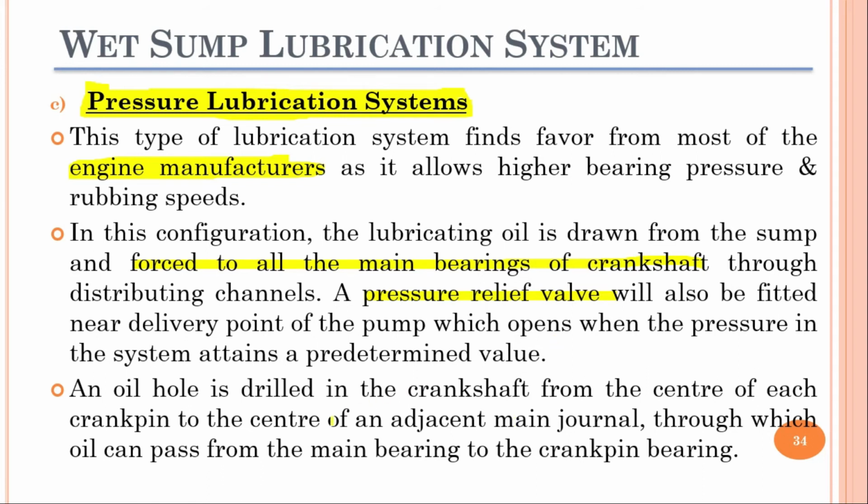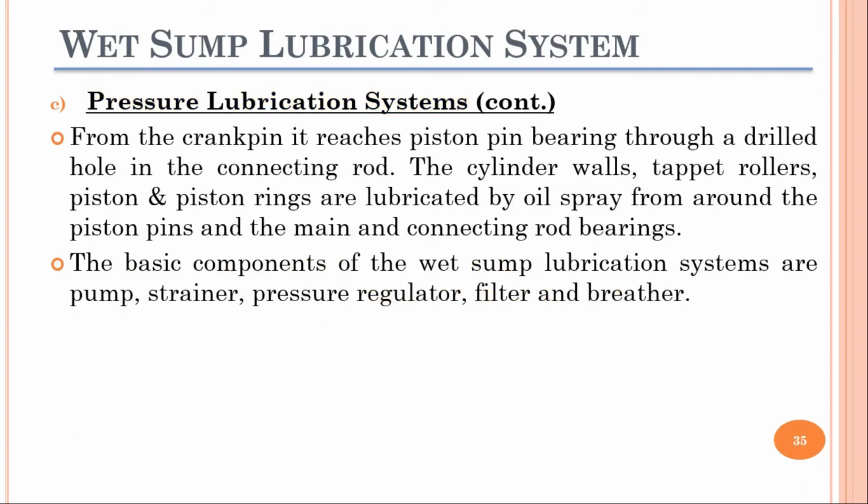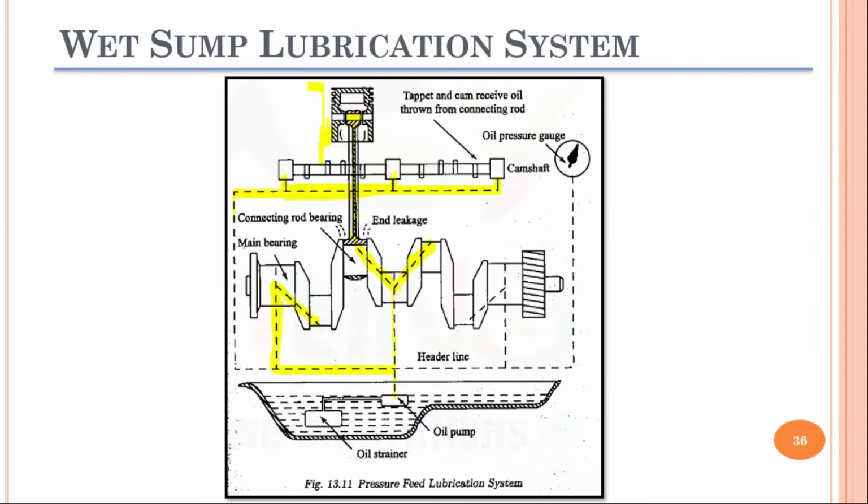An oil hole is drilled in the crankshaft from the center of each crank pin to a center of the adjacent main journal, through which the oil can pass from main bearing to the crank pin bearing, as I have shown you earlier. These are the passages which we were talking about, that it is providing the oil from the main bearing to the big end bearing of the connecting rod.